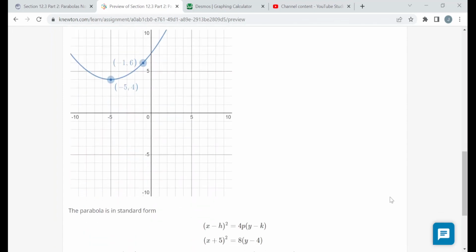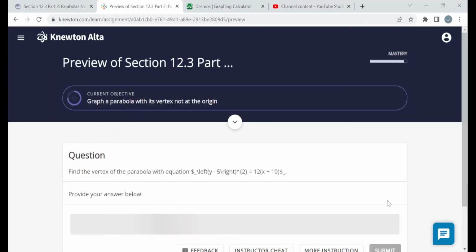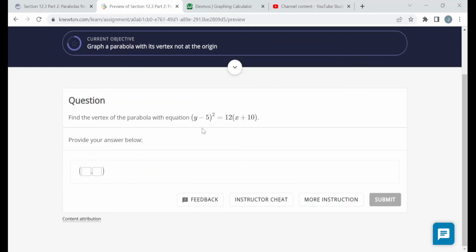Great, and based on my progress, I should have one more problem. And this is simply find the vertex of this parabola. Wow. Save the easiest one for last. Alright, this is already in standard form. See, the square is alone equals some number times a quantity with x, right?